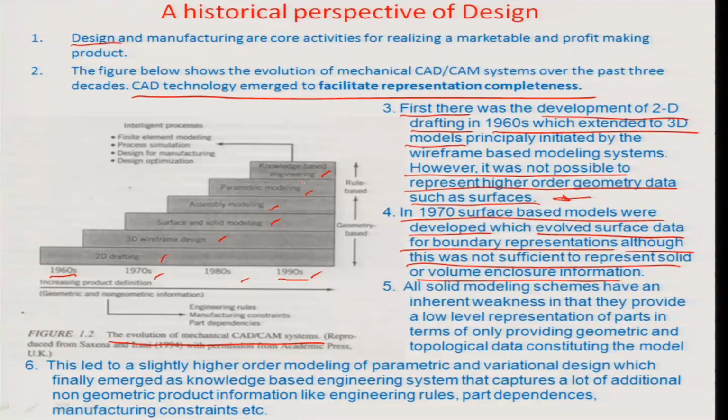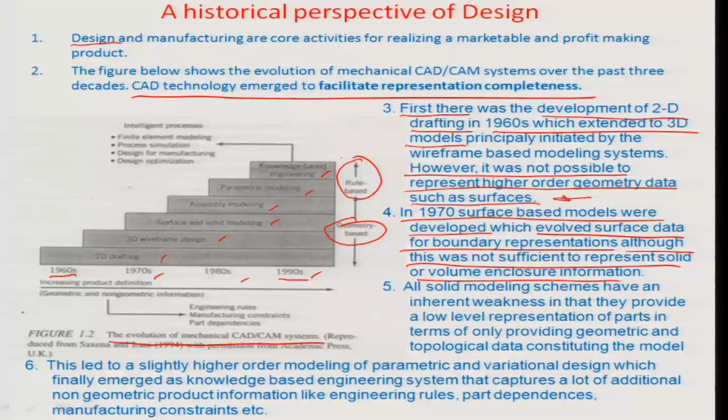So typically all the way from 2D drafting up to assembly modeling can be categorized as geometry based modeling, and the two other forms, parametric modeling and knowledge based engineering, are more like rule based.